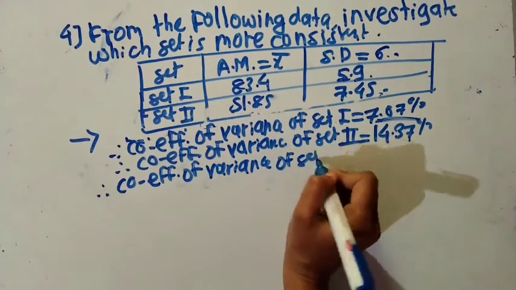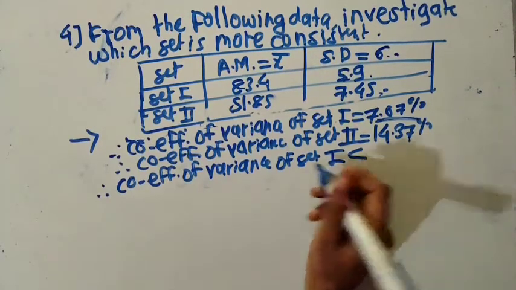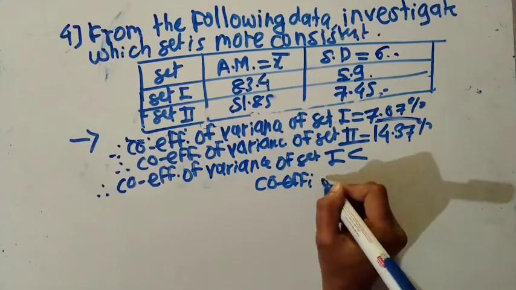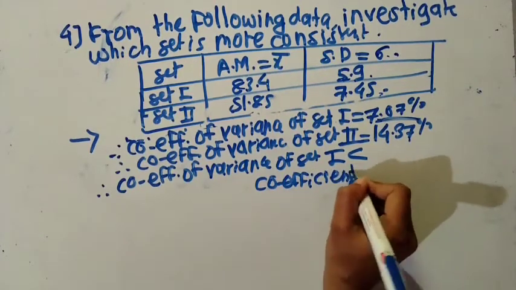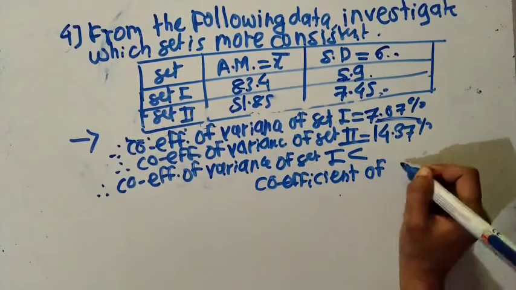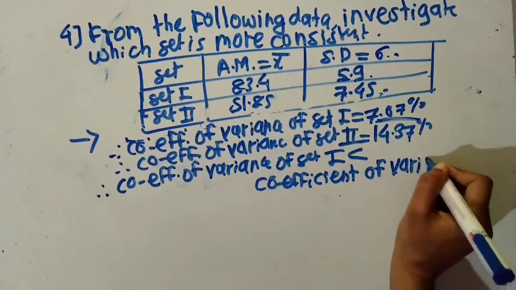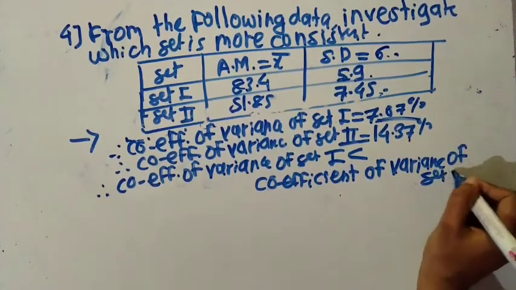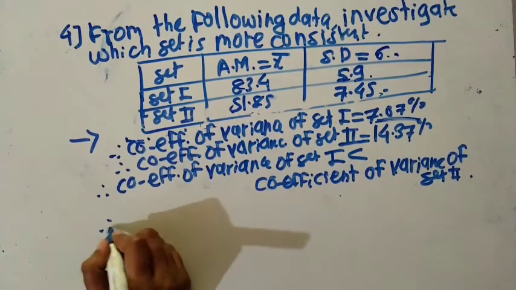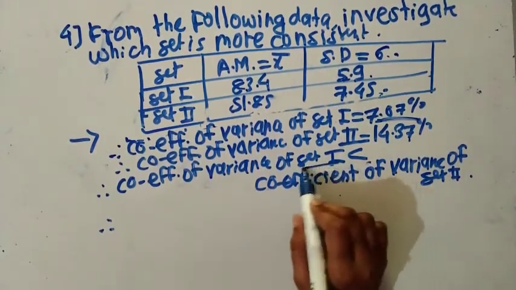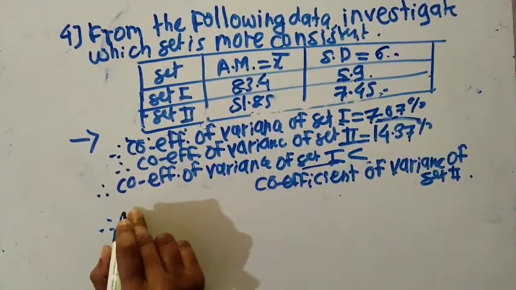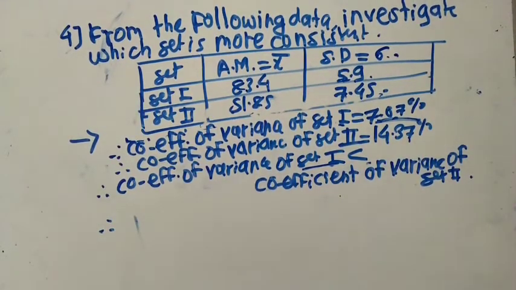the coefficient of variance of set 1 is less than the coefficient of variance of set second. Hence set 1's value is less, so it has the lesser coefficient, hence it is more consistent.